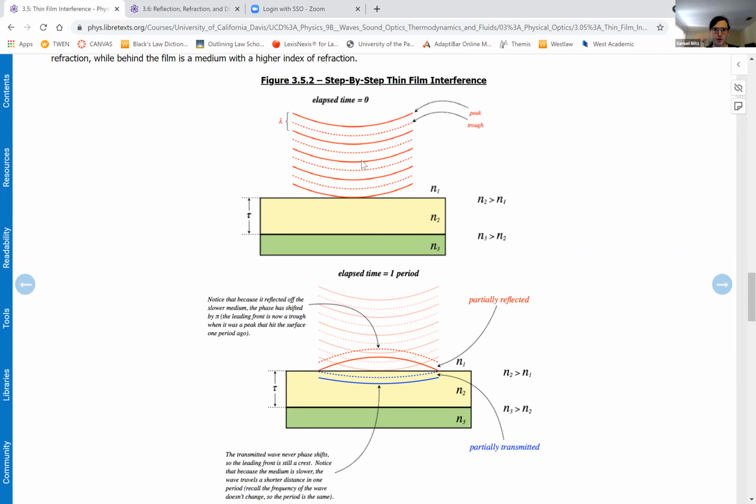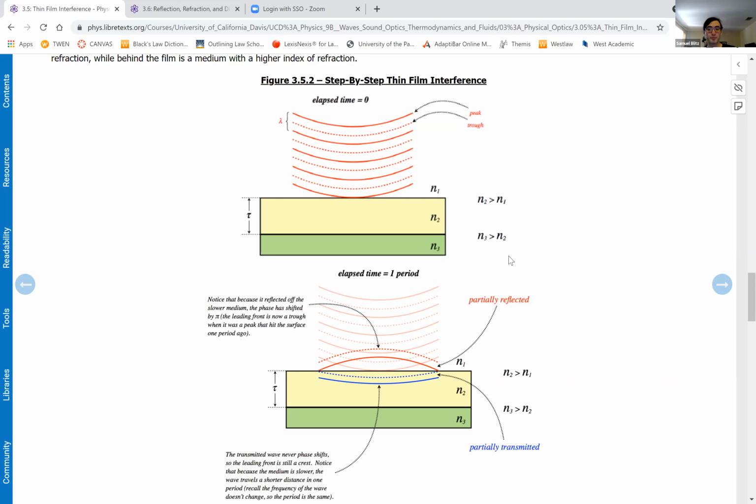We're not going to worry about what's below n3 because we're just interested in the first reflection, the reflection off of this surface. We're also going to assume that n2 is greater than n1 and that n3 is greater than n2. What does that mean? Well, that means that the medium n2 is slower than the medium n1, and the medium n3 is slower still.